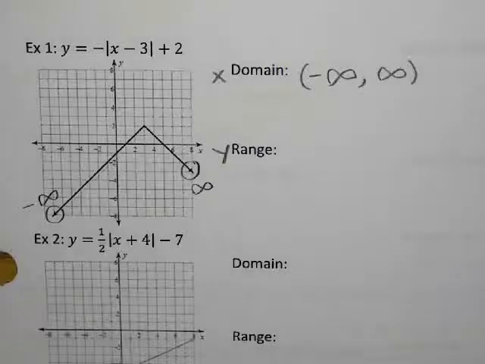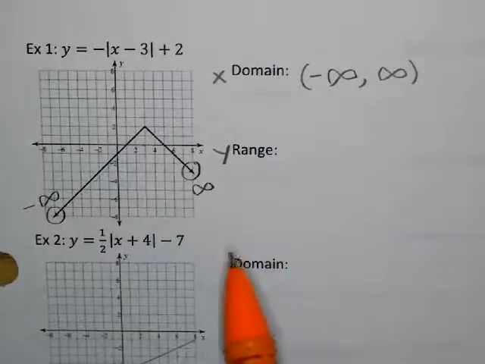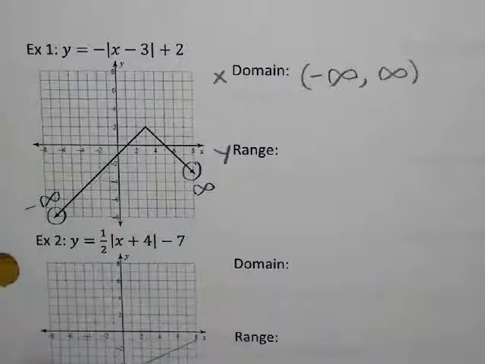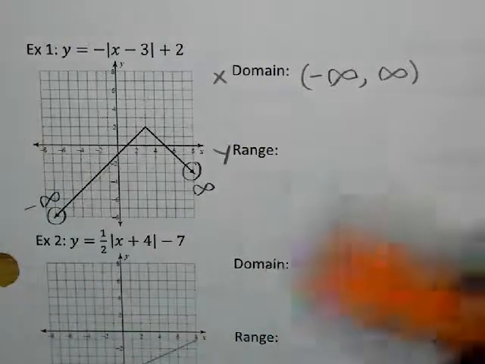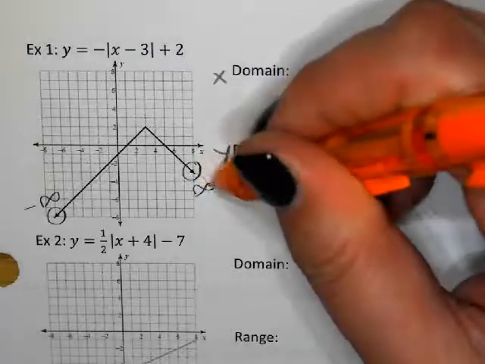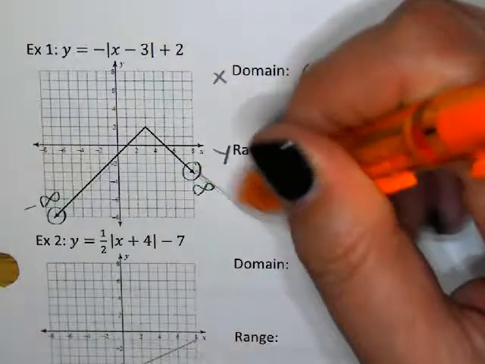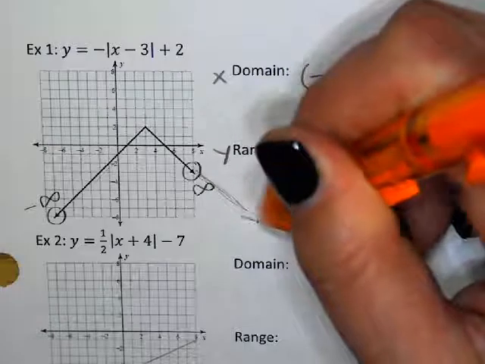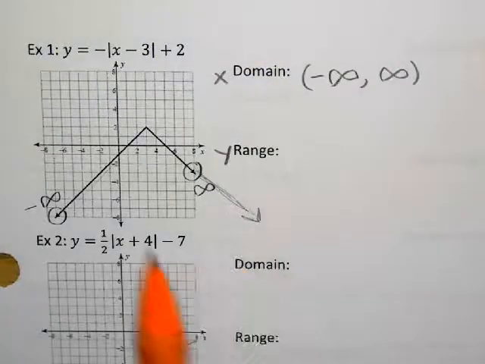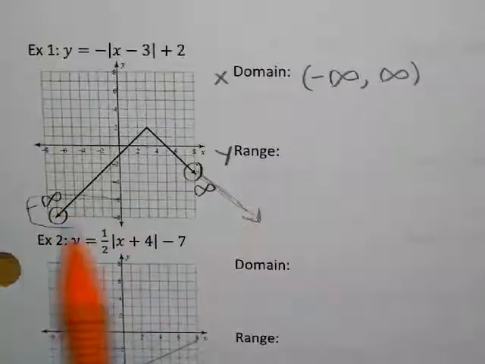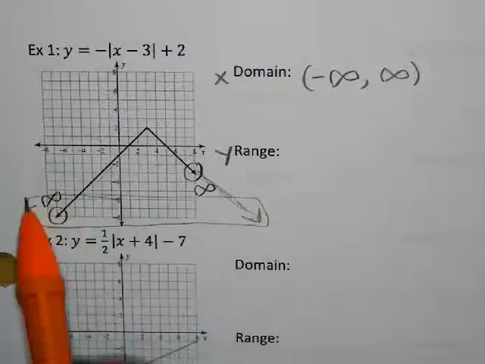All right, now for the range, we're using y values, and so we go up and down. So I'm going to go ahead and look at what the bottom of the graph looks like, and I'm going to look at what the top of the graph looks like. So I want to kind of end the graph in the same place. So it would kind of go like that. So here is the bottom. I'll use kind of a box this time.